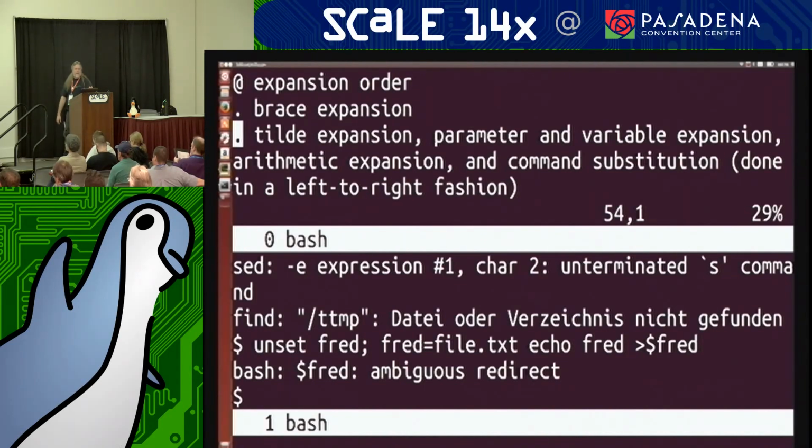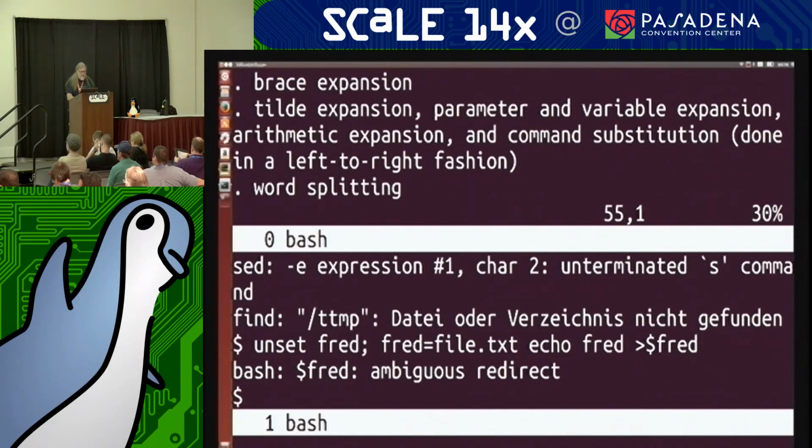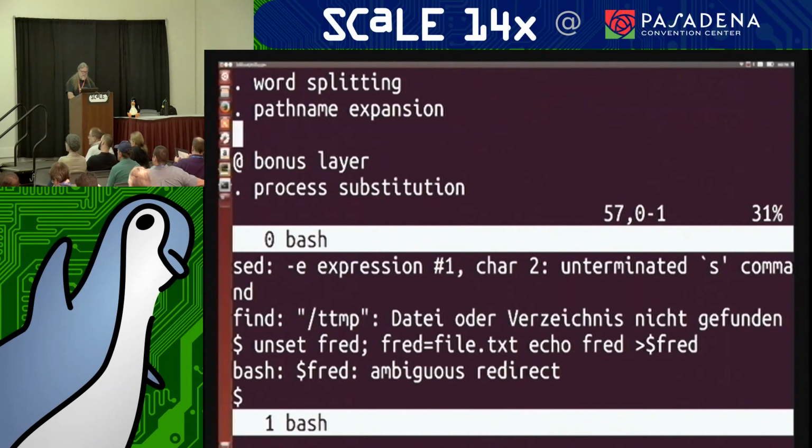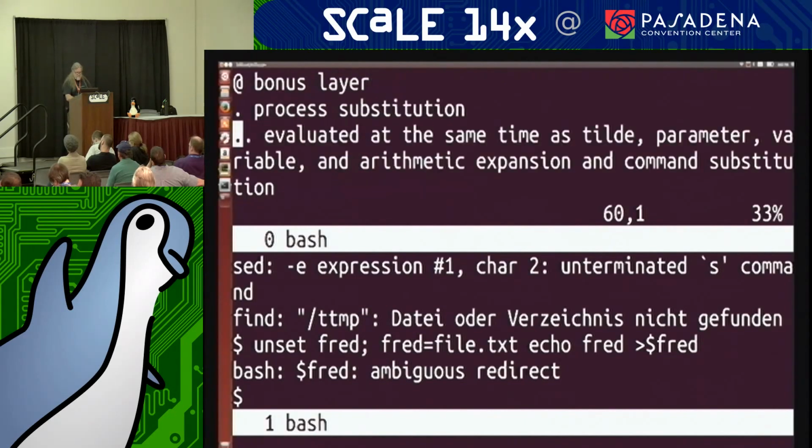So these all take the same priority and happen in the order encountered. Then we have word splitting and pathname expansion. And then we have a bonus layer called process substitution, which takes place at the same time as all the other things. Process substitution, we'll get to that.